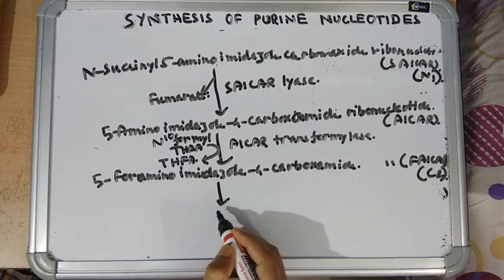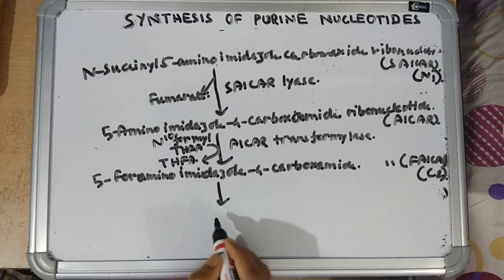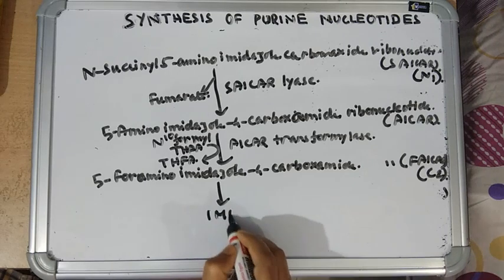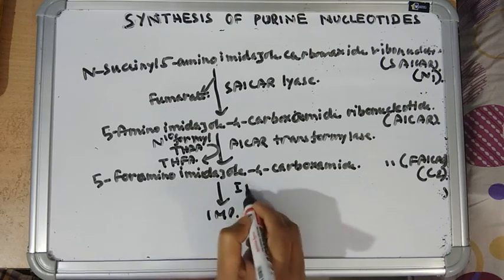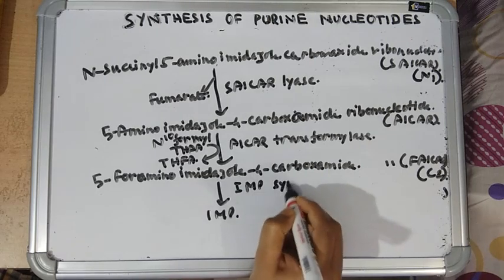Now this FAICAR is converted into IMP or inosine monophosphate by the enzyme IMP synthase.